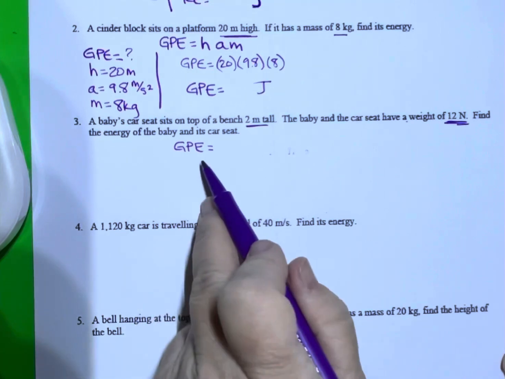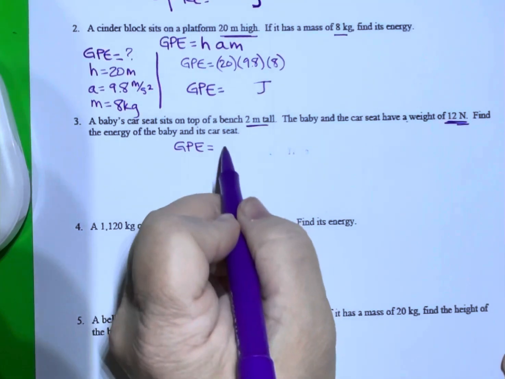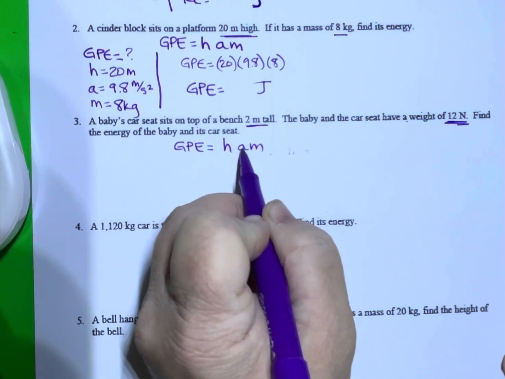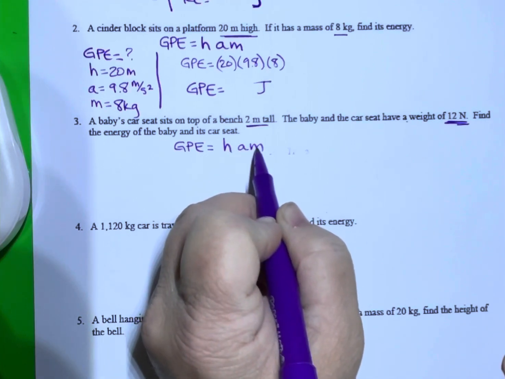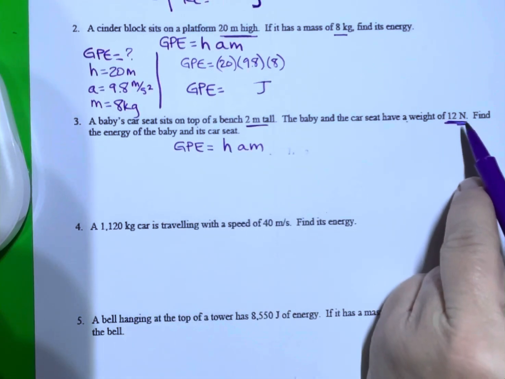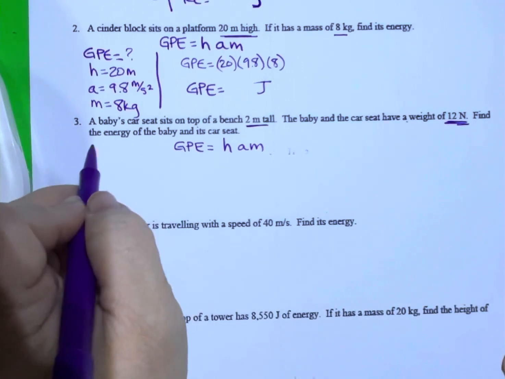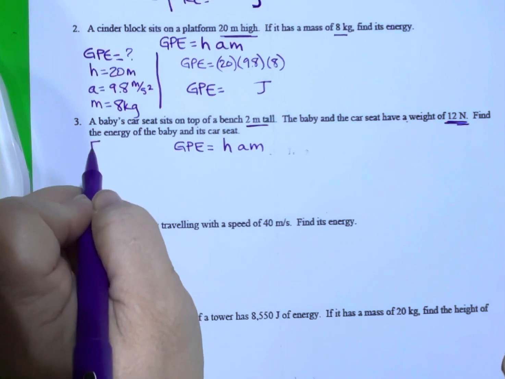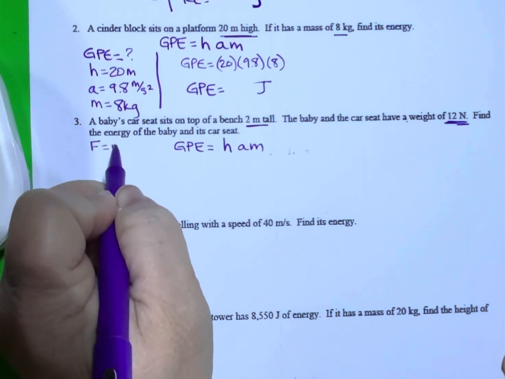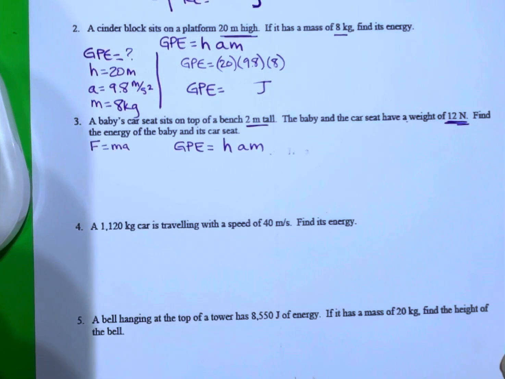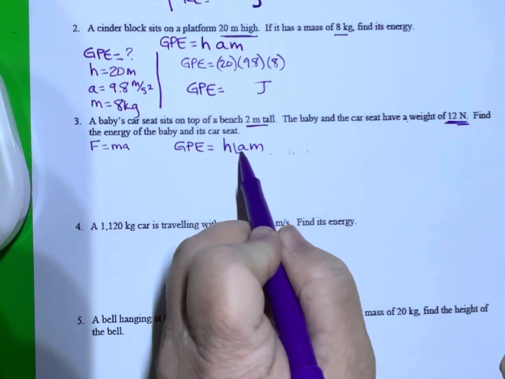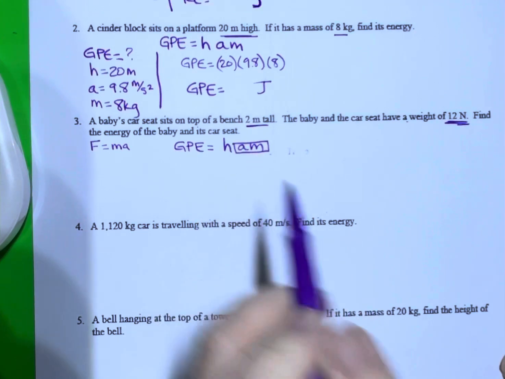Our formula is, remember, the word HAM: height times acceleration due to gravity times mass. But they give us a force in newtons, so we have to remember from a previous unit that force is equal to mass times acceleration. And if you'll notice, in our gravitational potential energy formula, you have mass times acceleration right there.